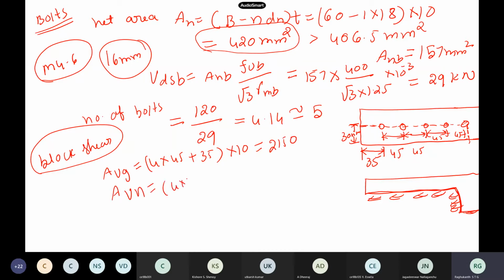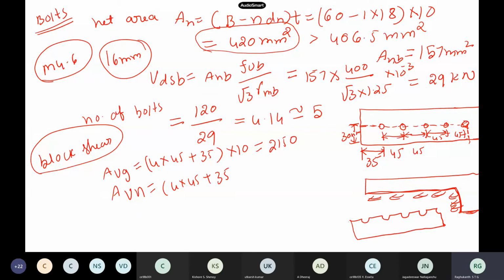Then the net area of the shear plane, say. So this becomes 4 into 45, say this 35 will be there. Now how many you have to subtract? 4.5 times, 1, 2, 3, 4, 5. But here you followed, right? It will be everywhere like this, 3, 4. Like here, it becomes like this. Okay, so this is how the areas have to be calculated.